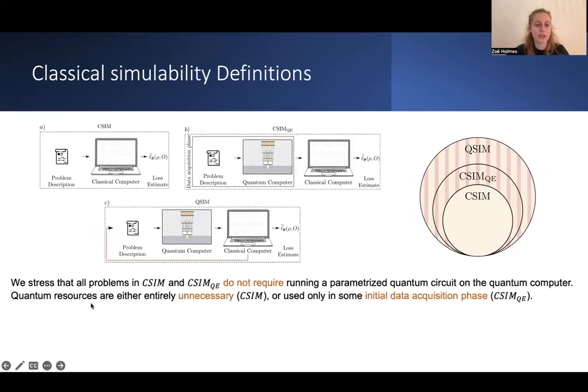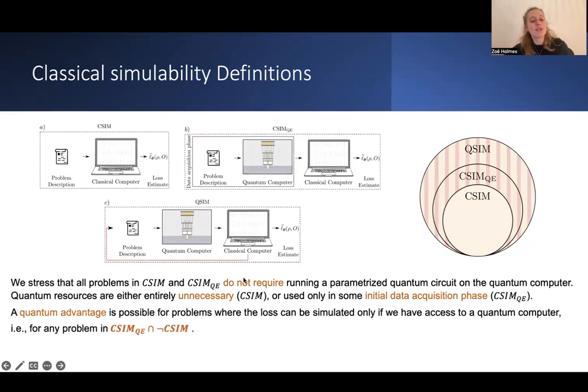Okay, so I want to stress that all problems that are in CSIM or CSIM-QE, so classically simulable or quantum enhanced classically simulable, do not require running the parameterized quantum circuit on the quantum computer. Either quantum resources are completely unnecessary, as in the case of CSIM, or they're only used in some initial data acquisition stage, as in the case of CSIM-QE.